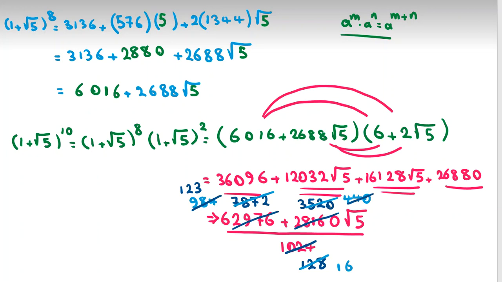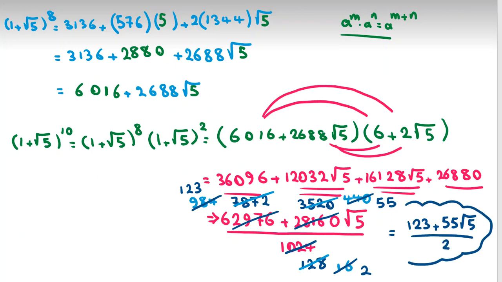It will be 5 times 8, 40. Again, we have 40. 5 times. So, and we divide by 8, it will be 2. So the answer is 123 plus 55 root 5 all over 2. So I said this to work a little on binomial theorem calculational things.